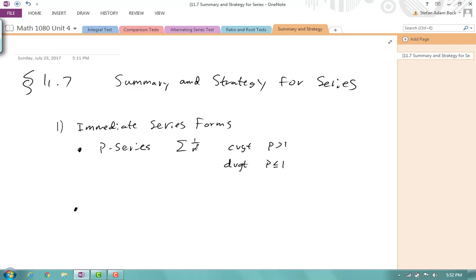And series properties might help a little bit in identifying these, because if I have some constants inside the series that I can factor out, I might consider trying that before starting to do tests.